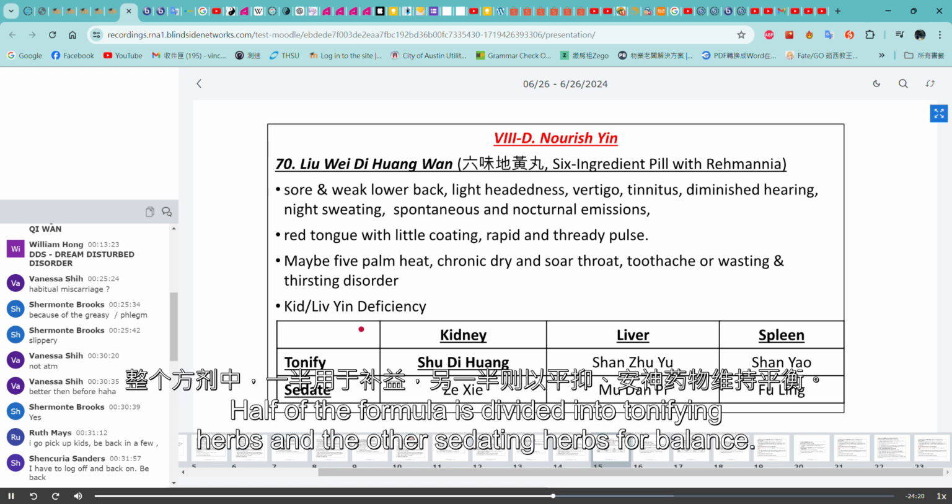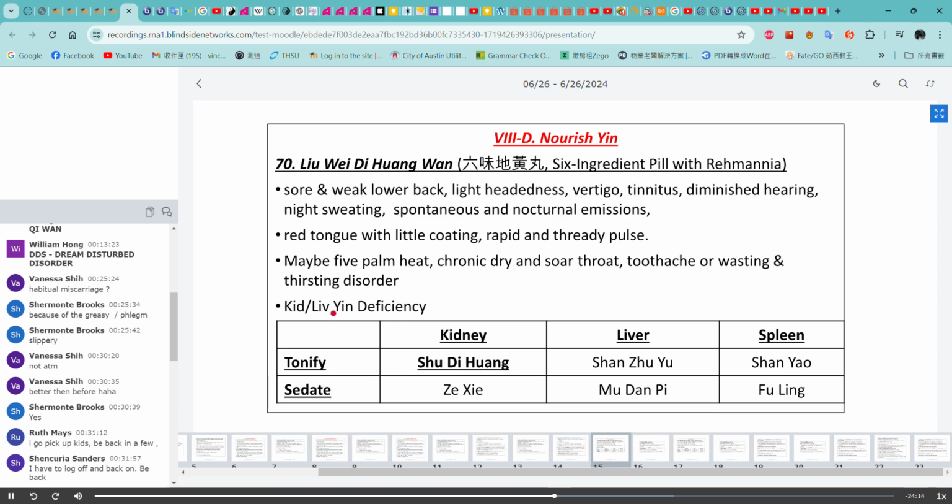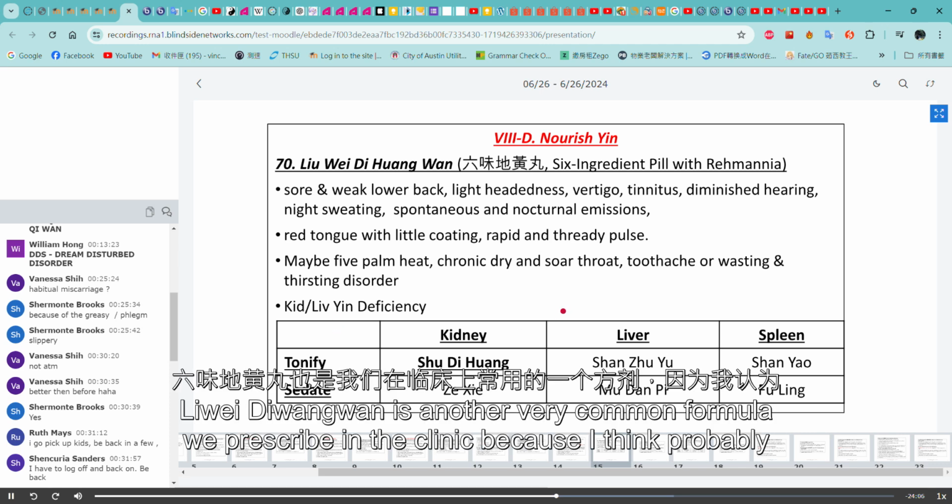Half of the formula is divided into tonifying herbs and the other half sedating herbs for balance. Kidney: Shu Di Huang and Ze Xie. Liver: Shan Zhu Yu, Mu Dan Pi. Spleen: Shan Yao and Fu Ling.